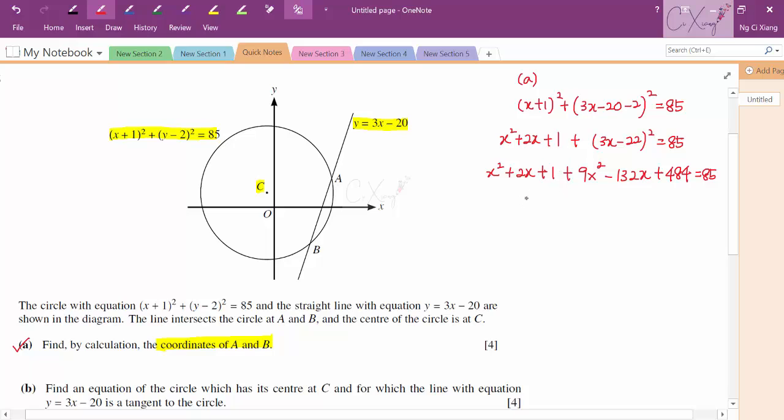Therefore, I want to move all the terms to the left hand side. So I'm having 10x squared, then negative 130x, and plus 400, which is equal to 0. So I can further simplify it.